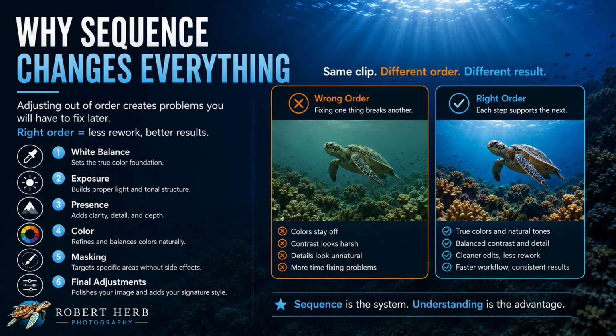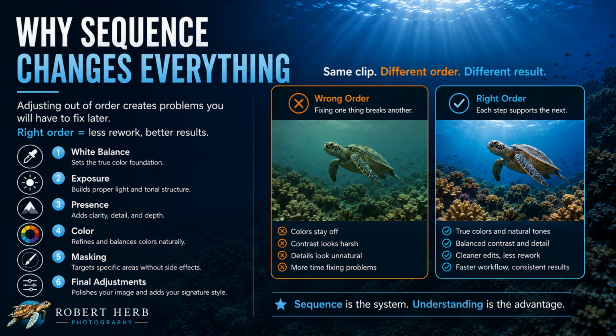This is the simplest way to see why sequence changes everything. You can start with the same underwater clip or the same underwater image and get very different results depending on the order of your adjustments. When the order is wrong, fixing one thing often breaks another. Color stays off, contrast gets harsh, details start to look unnatural, and you spend more time fixing problems you created earlier in the edit.